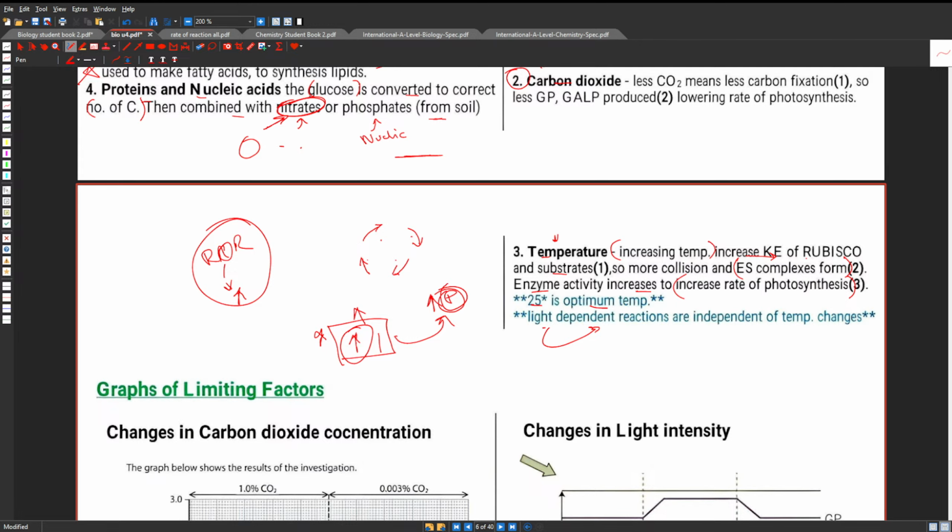Does that mean that there are no enzymes involved here? You have protein complexes, which are enzymes. Okay, I didn't know that. Oh yeah, ATP synthase.